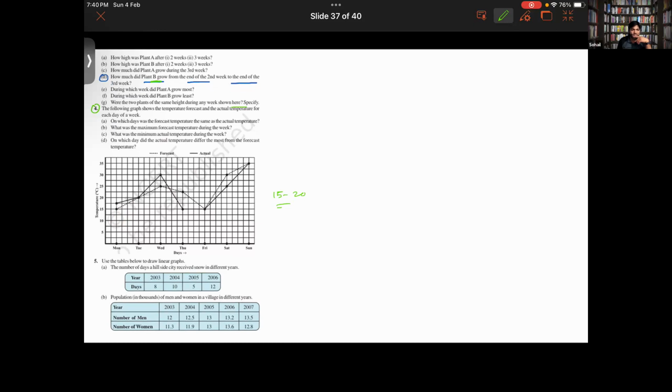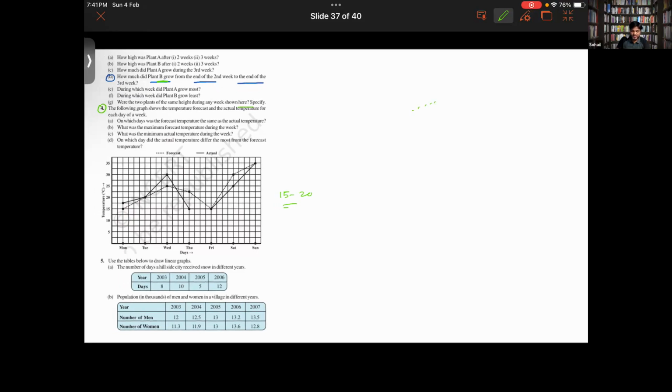Next question says, on which day did the actual temperature differ the most from the forecast? That's a good question. Wednesday? No, sir, not on Wednesday. You have to look at जहाँ पर dotted lines और solid lines के बीच की distance maximum होती है.